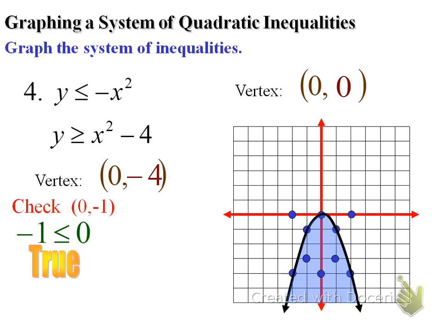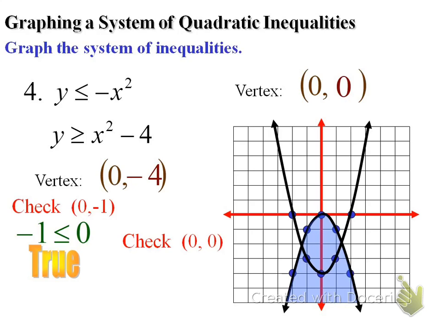Now this one's also going to be solid because it is an or equal to. So right now you should have those two parabolas. We still need to decide where to shade. Remember, if we would shade outside of our second parabola, the overlap would be down here. If we shade inside, the overlap will be this shape right in the middle.